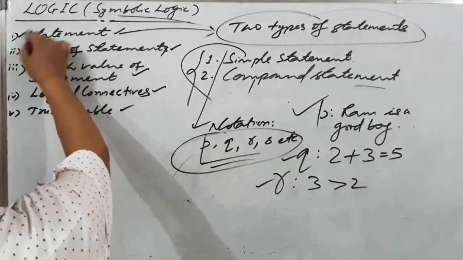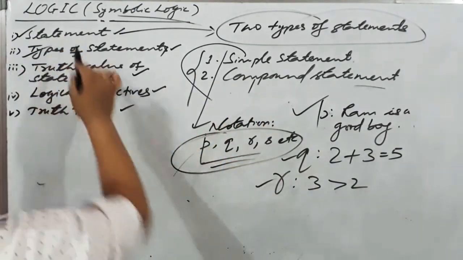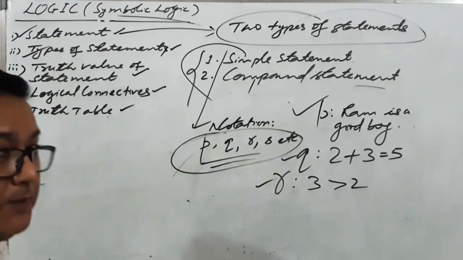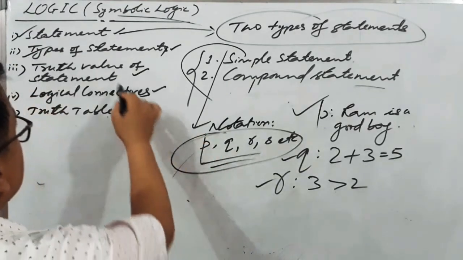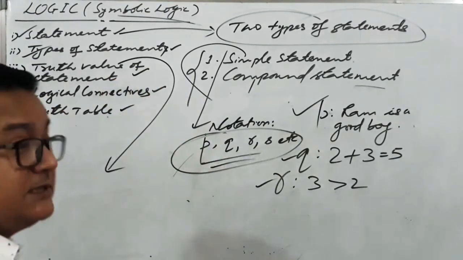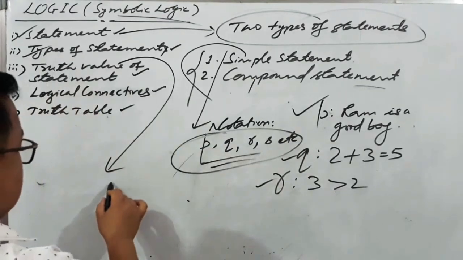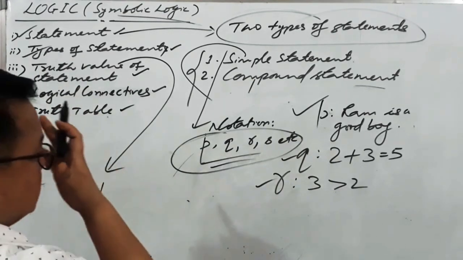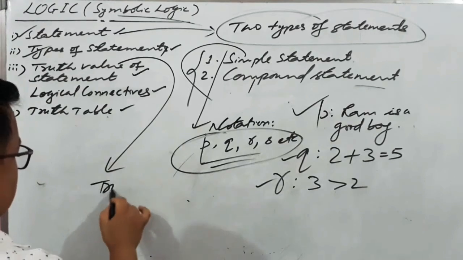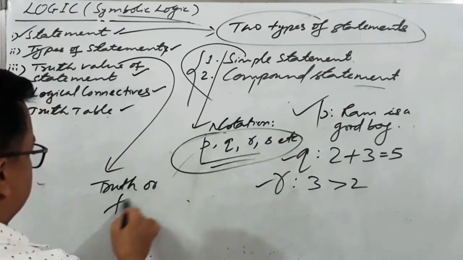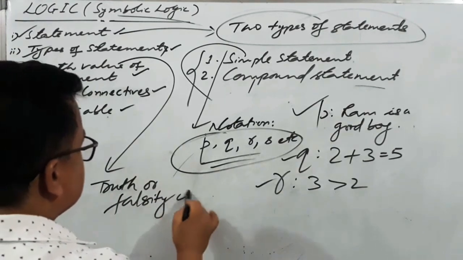Okay, statements done, types of statements done. Now let's talk about the truth value. What is the truth value of a statement?